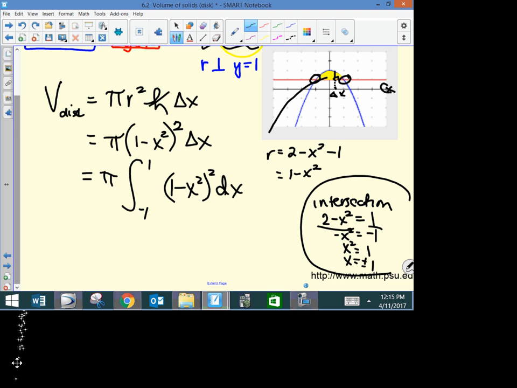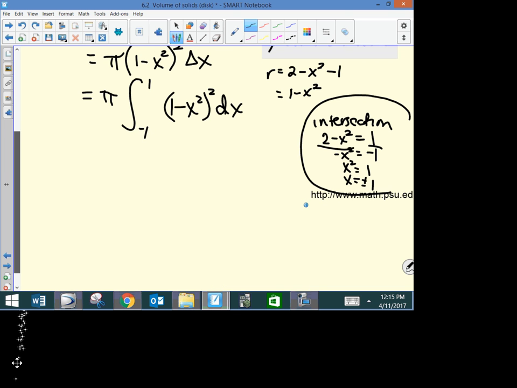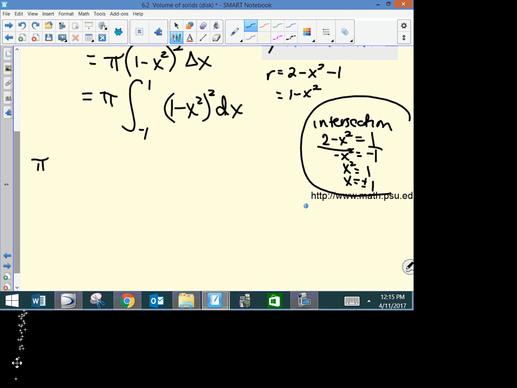Now, how do we integrate this by hand? Can we just multiply it out instead of doing u substitution? Okay, what is that multiplied out? 1 minus 2x squared.